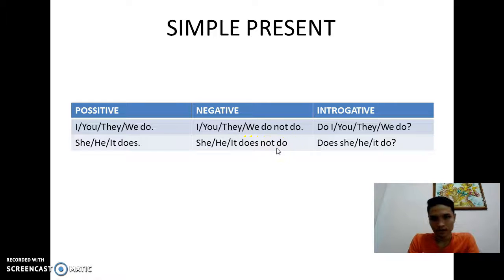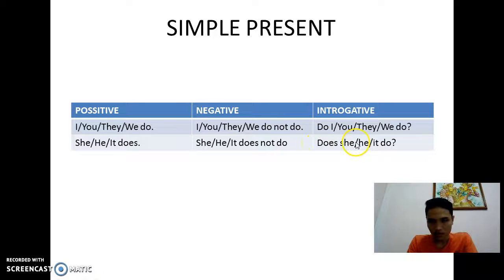And then the interrogative forms. The interrogative forms are actually similar to negative forms. So if the subject is I, you, they, we, we have to use do. But if the subject is she, he, it, we have to use does.